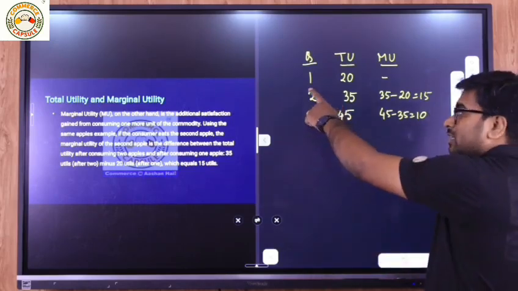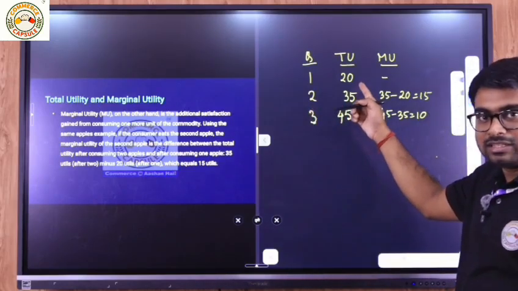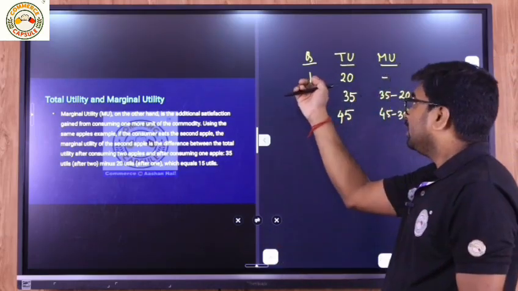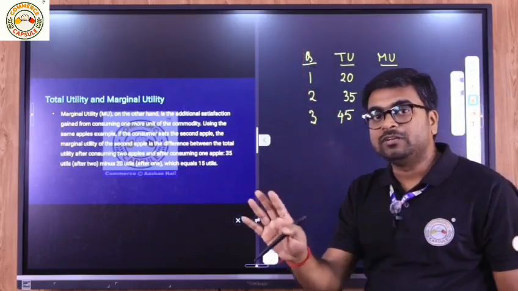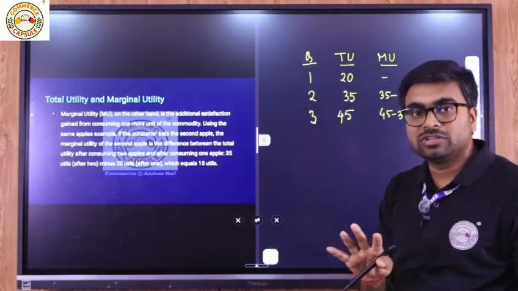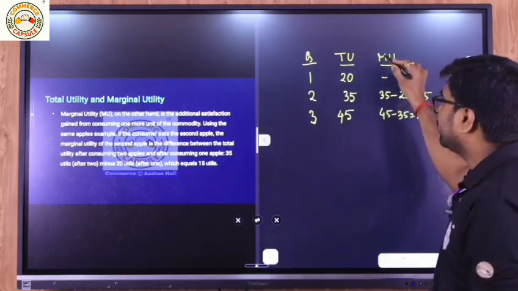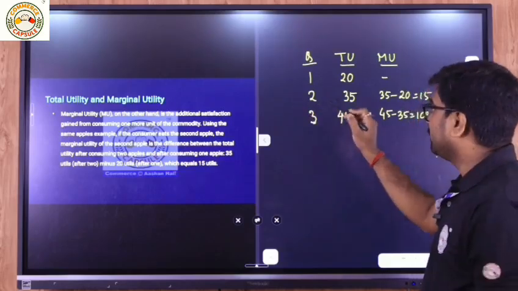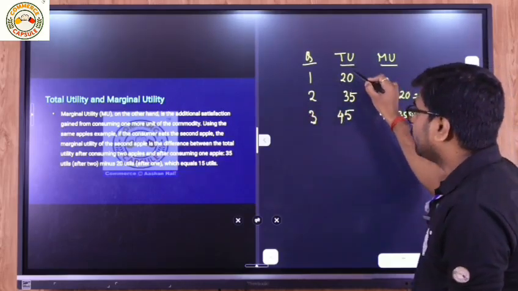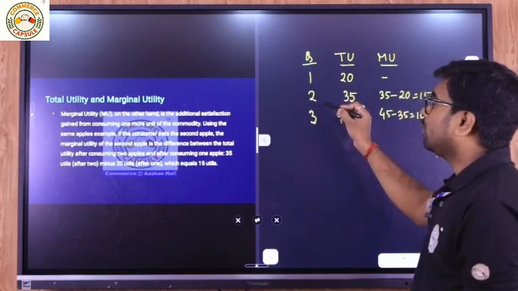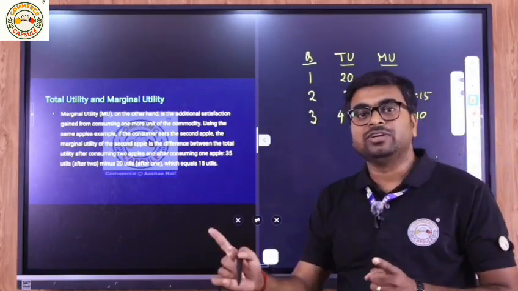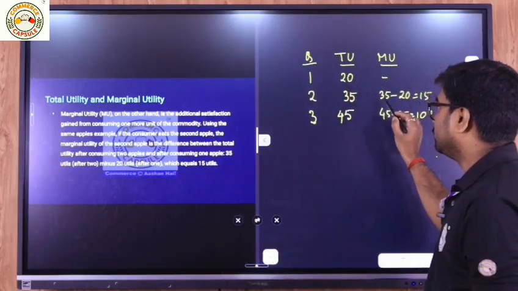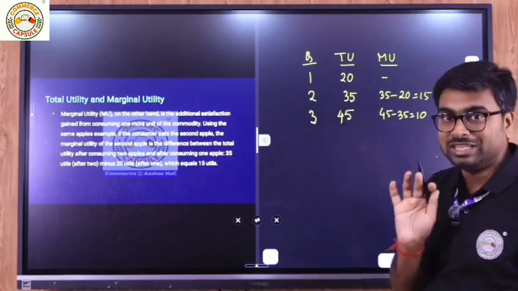So we can summarize that. For the first unit, our total utility is 20. We can't calculate the marginal utility just because initially we do not have the proper information. Before this we have no information, so it is a bit difficult for us to calculate this unit. For the second unit we can easily calculate it because in the earlier stage total utility was 20, and by consuming the second unit total utility increases to 35. So the difference is between 20 and 35. So 35 minus 20, that is 15 utils.